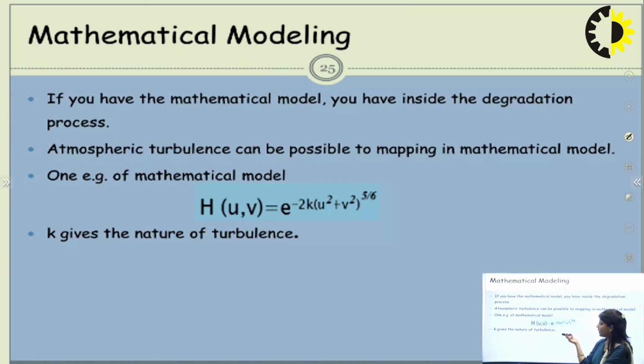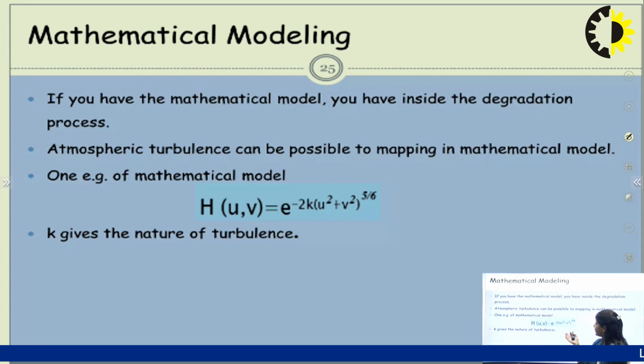How can we calculate the nature of turbulence? This H(u,v) is a turbulence function, so we have to calculate it by applying this formula, where u and v are the coordinates, meaning x and y position, and k is the value of intensity or frequency of that pixel.